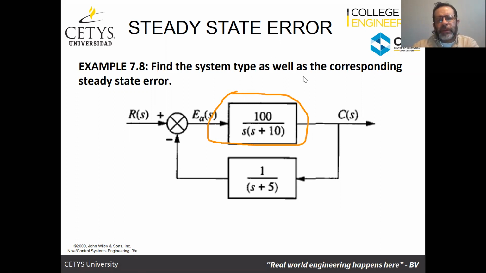So we've got the forward and the feedback transfer function, and we want to analyze the steady state error for the system, but we want to know what the behavior is. However, we've got both of those transfer functions there. So what we need to do is convert this, first of all, into a unity feedback system. So we're going to use the expressions that we just saw.